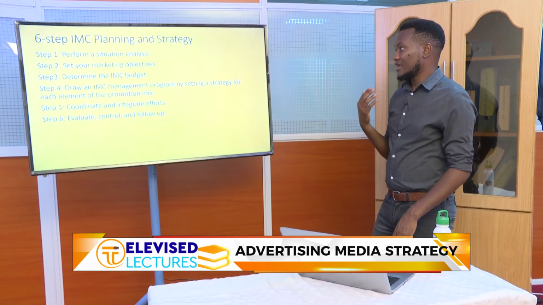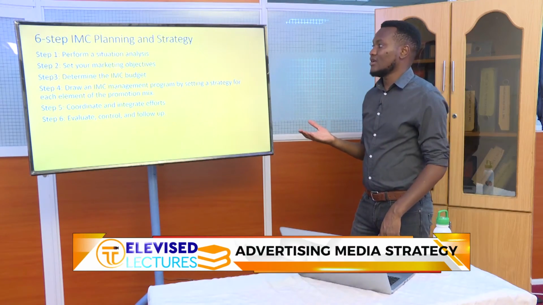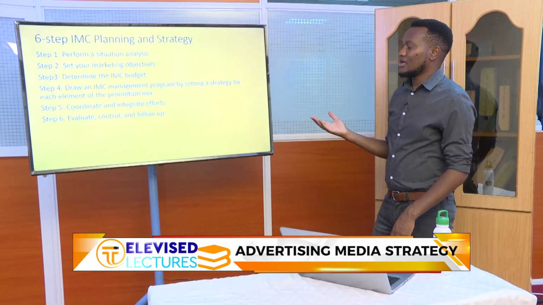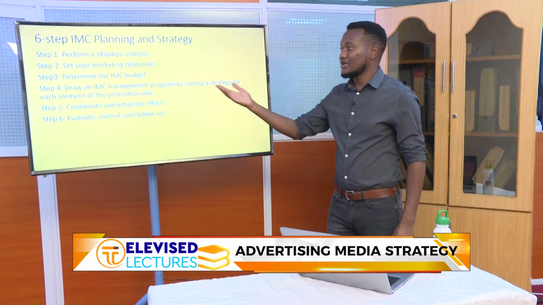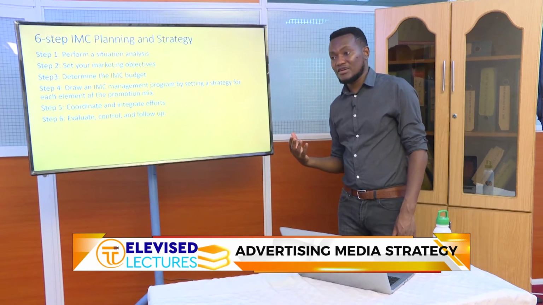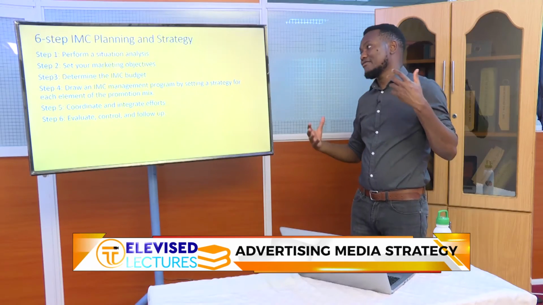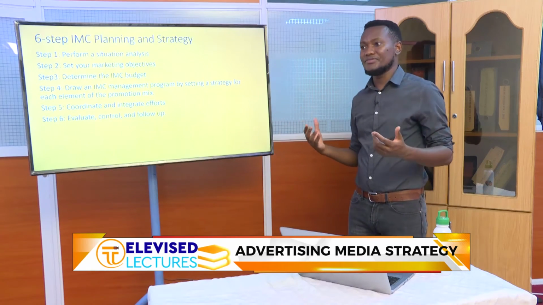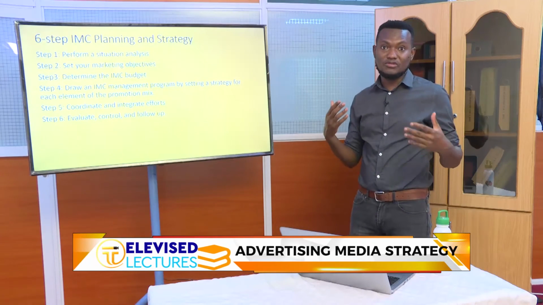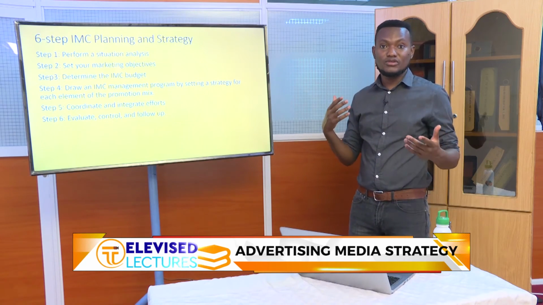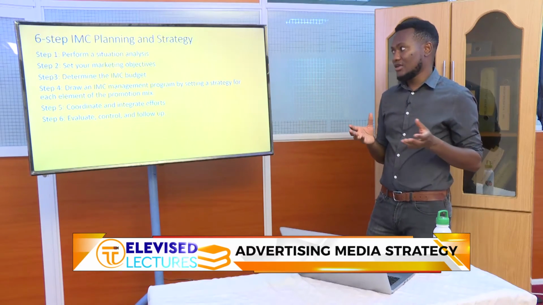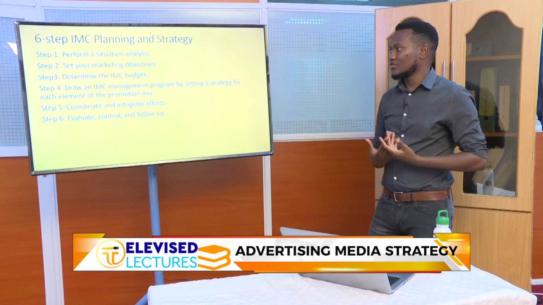Then again, you have a budget for this, and then you come up with a management program that can involve what you call a promotional mix. And promotional mix in advertising is when you have a hybrid of strategies. So you could be using social media, you could be using television, radio, this and that, kind of a cocktail for you to achieve your goals.